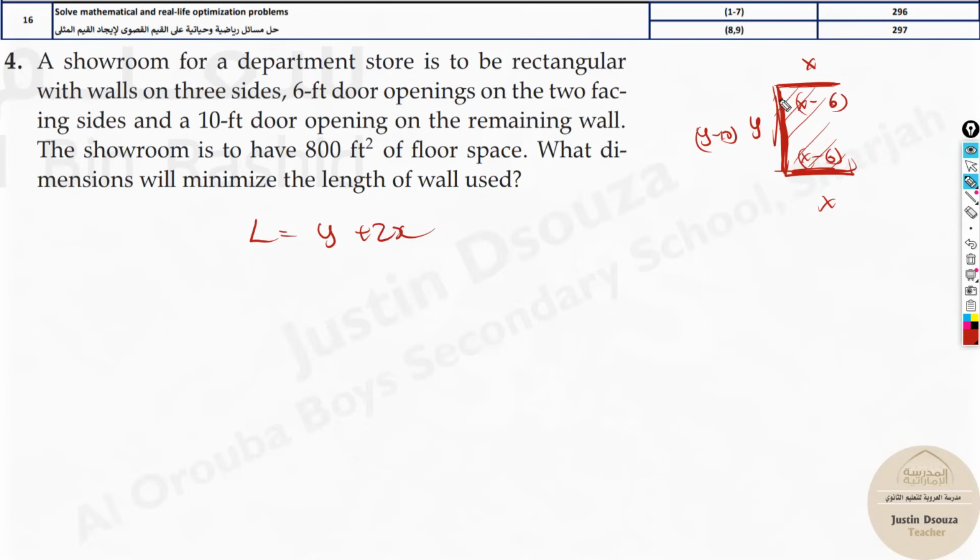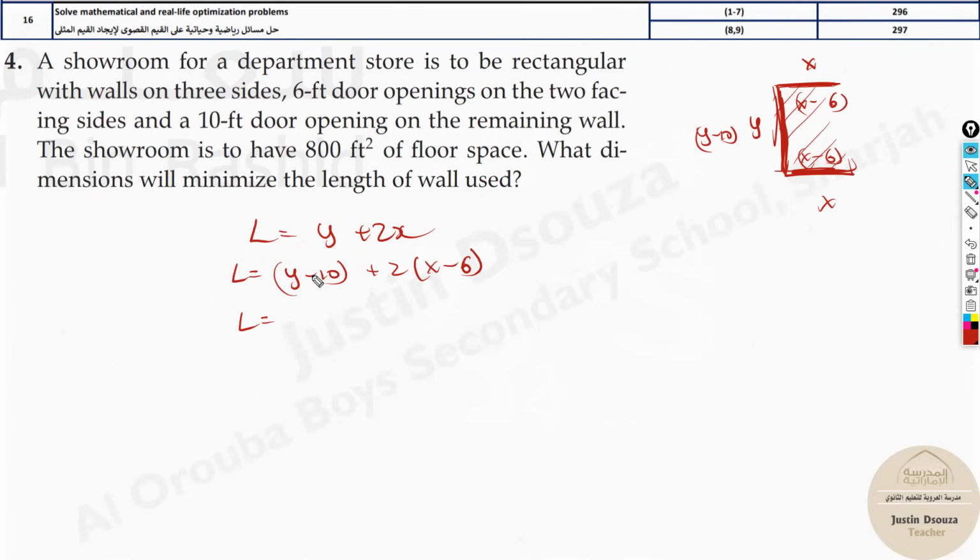I hope this is clear. But this is the actual one if it was just walls without the doors, okay? It's like the perimeter only. You can consider this to be perimeter, it's fine. But here, what is the problem? There is some changes in this x and y. So L is equal to y becomes minus 10. And what about x plus 2 times x minus 6? Now we need to solve for length.